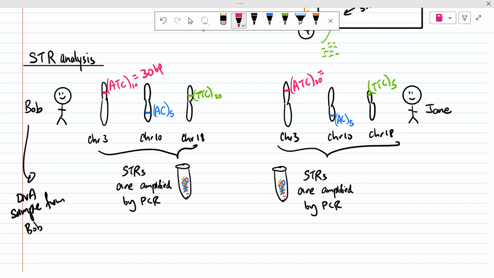For Jane it is 3 times 20, right? Which is 60. AC repeated 5 times, that's 10 base pairs. Over here, this is TTC repeated 20 times, which is 60, right?